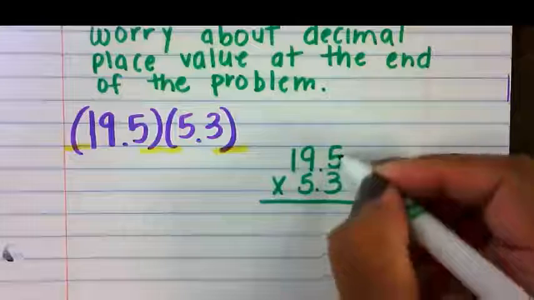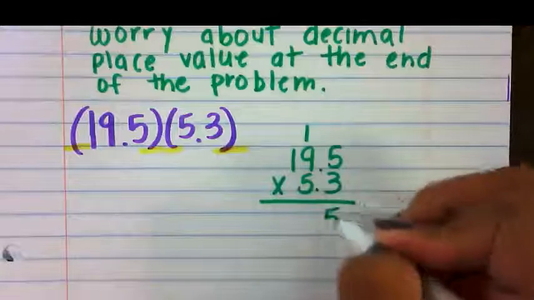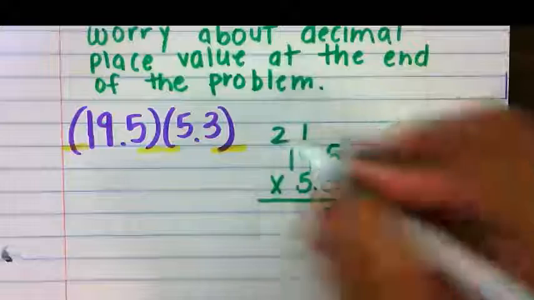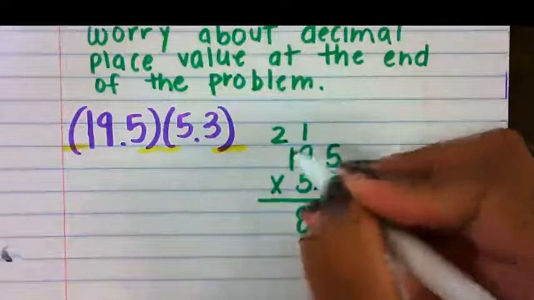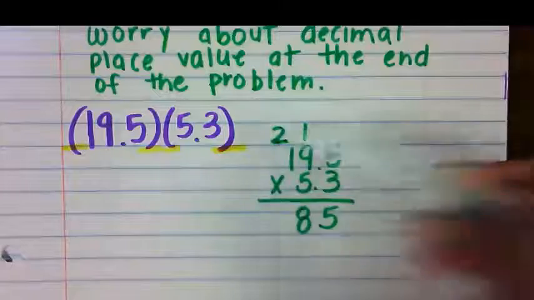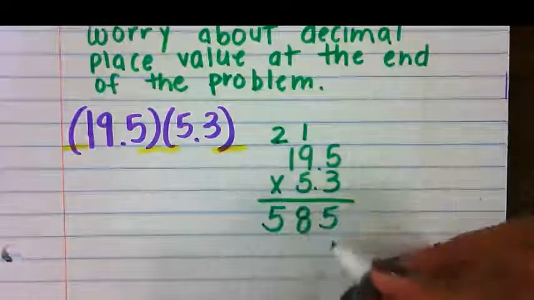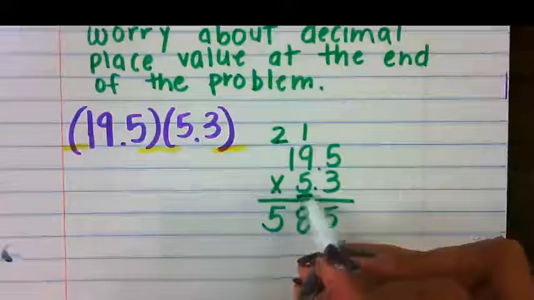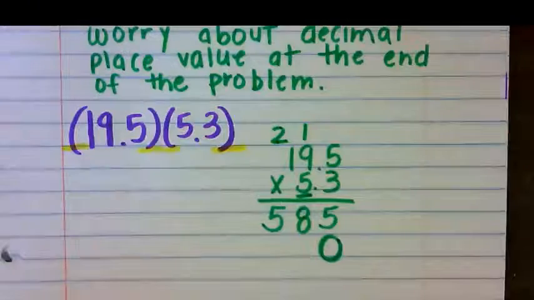So 3 times 5, 15. 3 times 9, 27 plus 1, 28. 3 times 1, 3 plus 2, 5. Put my 0 here because we are now in the second decimal place.